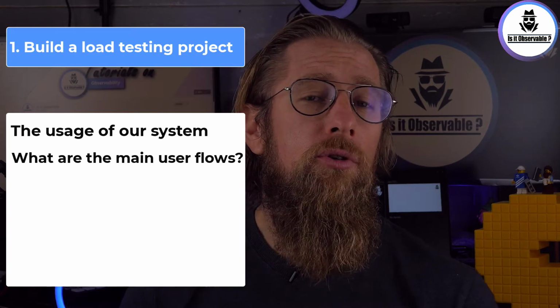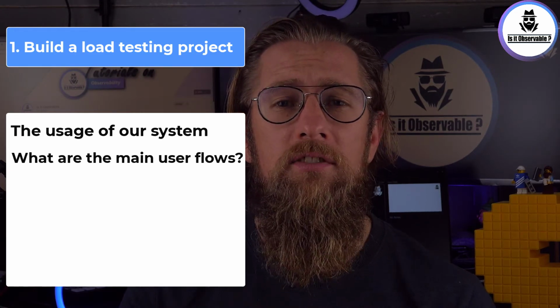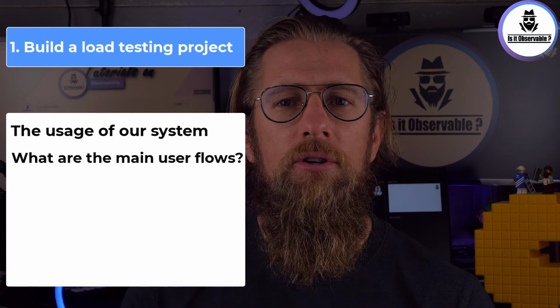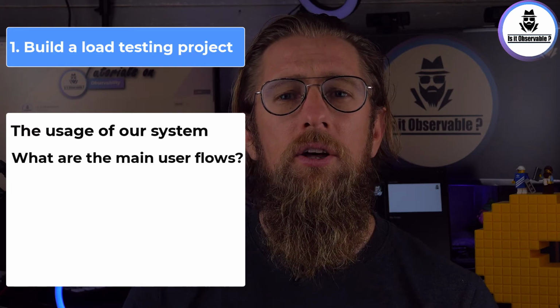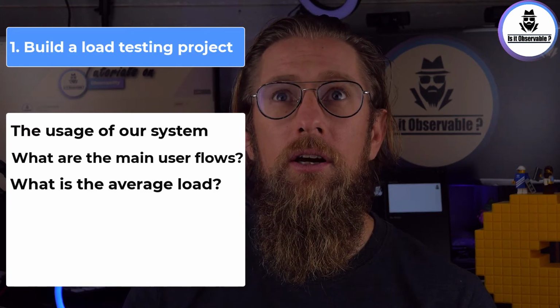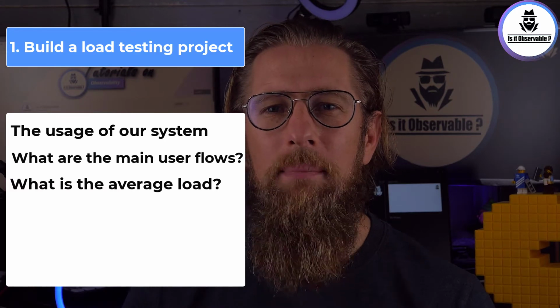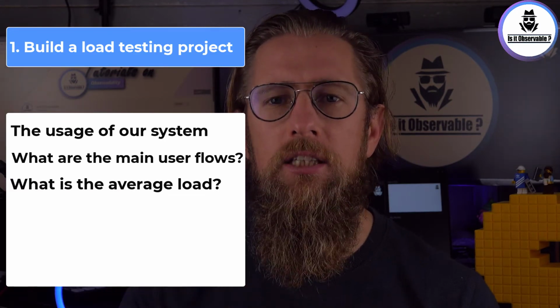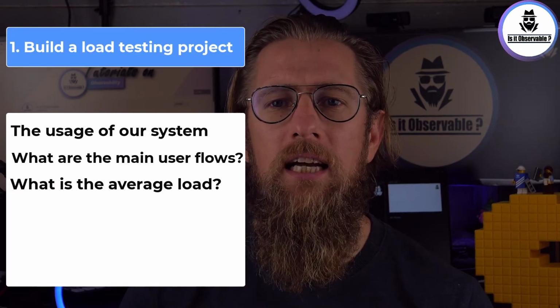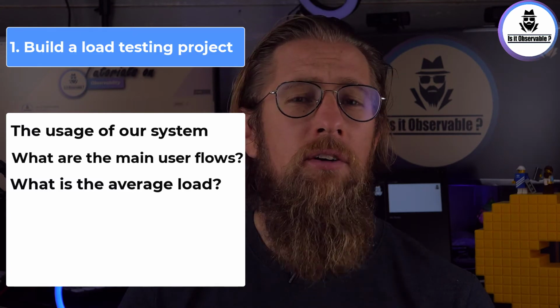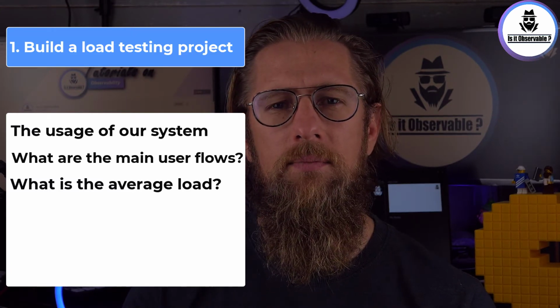We also, of course, to make a representative test, we need the number of concurrent users. Not active users, not concurrent users, but keep in mind we're going to do a lot of transactions. So the number of transactions per second of your key transactions.